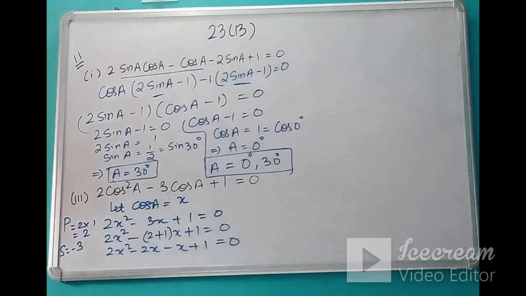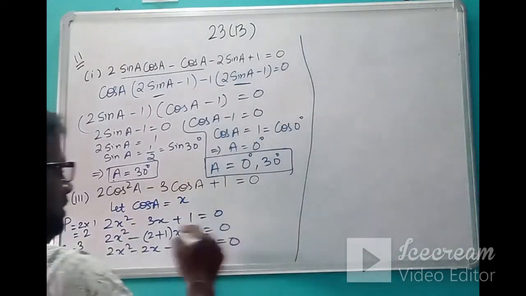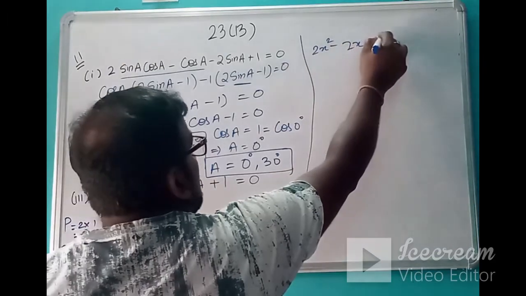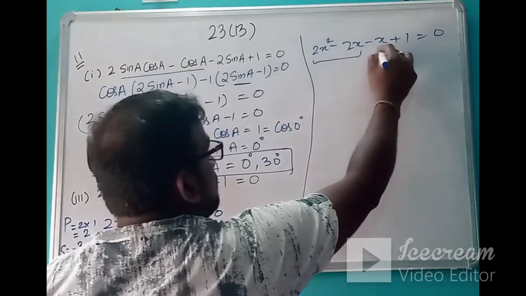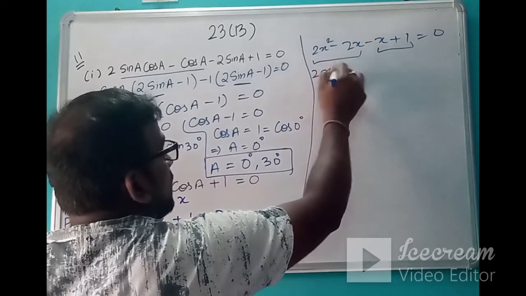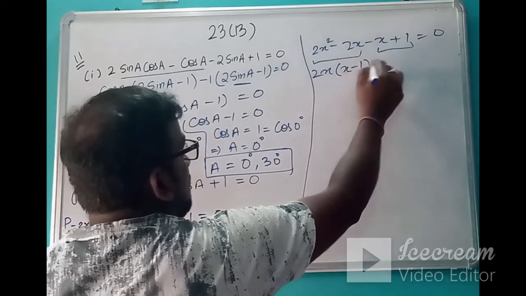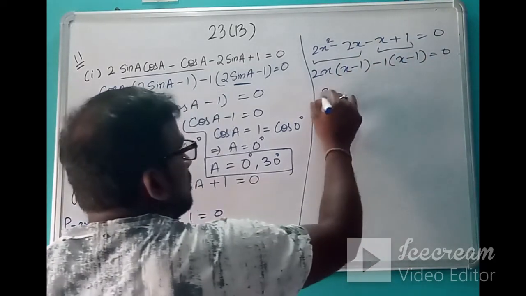Okay, so from here what I will do, this is one group, I will take 2x common, so it becomes x minus 1, and in this minus 1 common, x minus 1 is equal to 0.